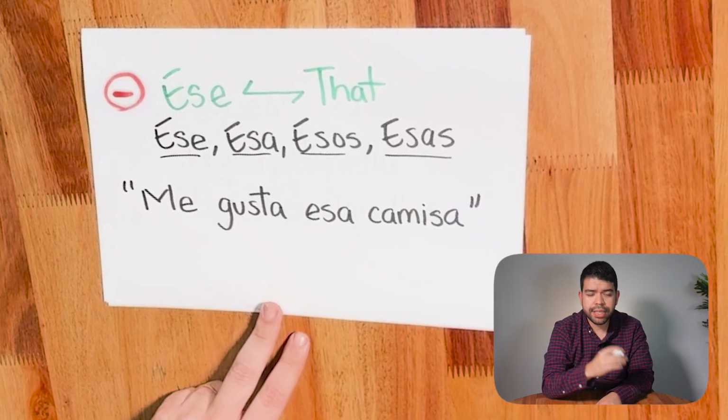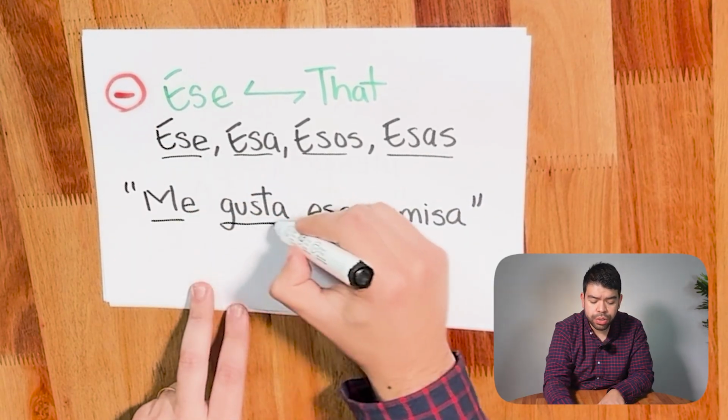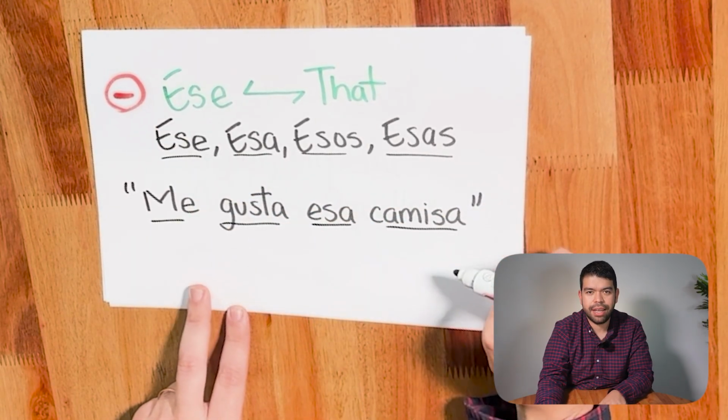When you're talking to someone, you can use ese when the thing you're describing is closer to the other person, okay? For example, you meet up with a friend and you notice they're wearing a cool new shirt and you want to give them a compliment, you know? In this case, you can say, me gusta esa camisa.